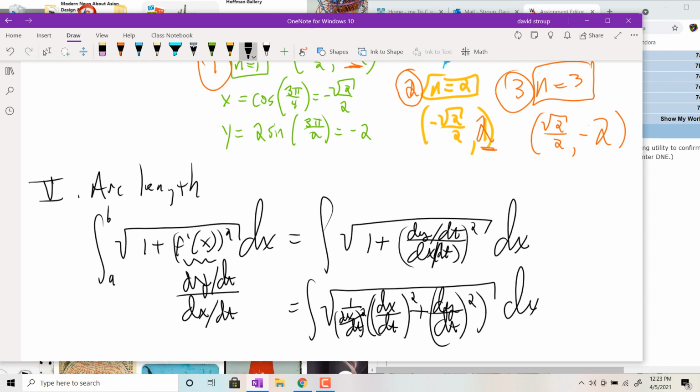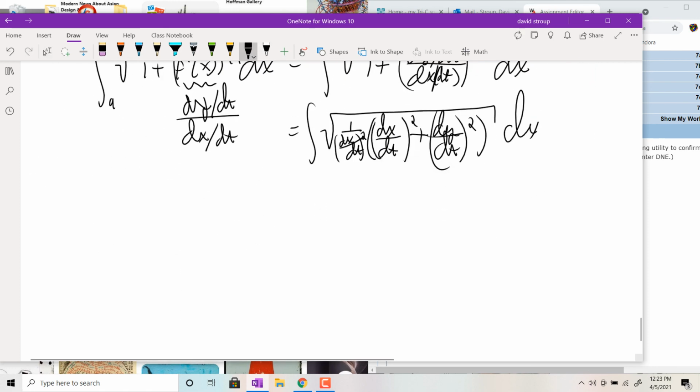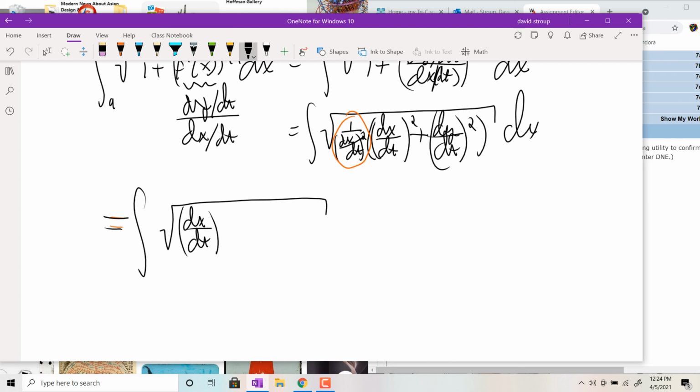And then you could use the properties of radicals to kind of factor out this thing. And that'll become then the integral, and I'll factor it out the back of the square root. So we get dx over dt squared plus dy over dt squared. And then you get 1 all over dx over dt times dx.